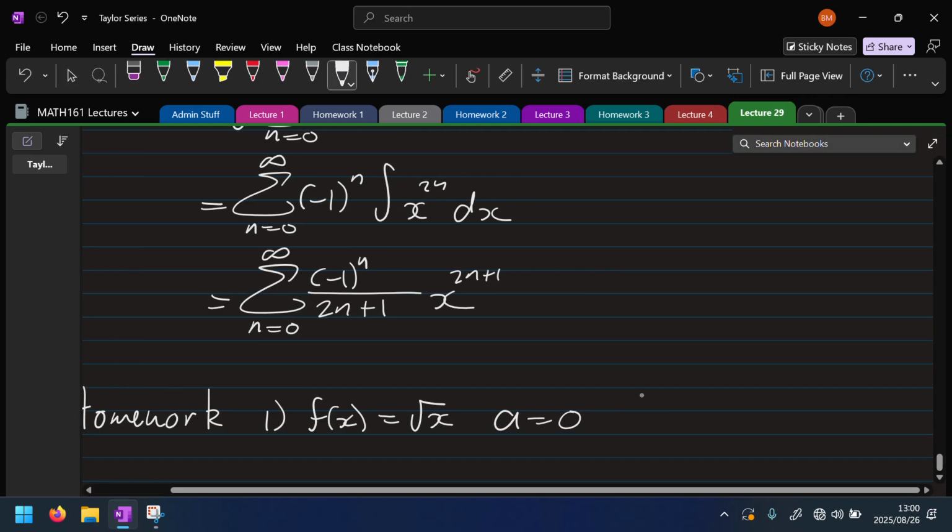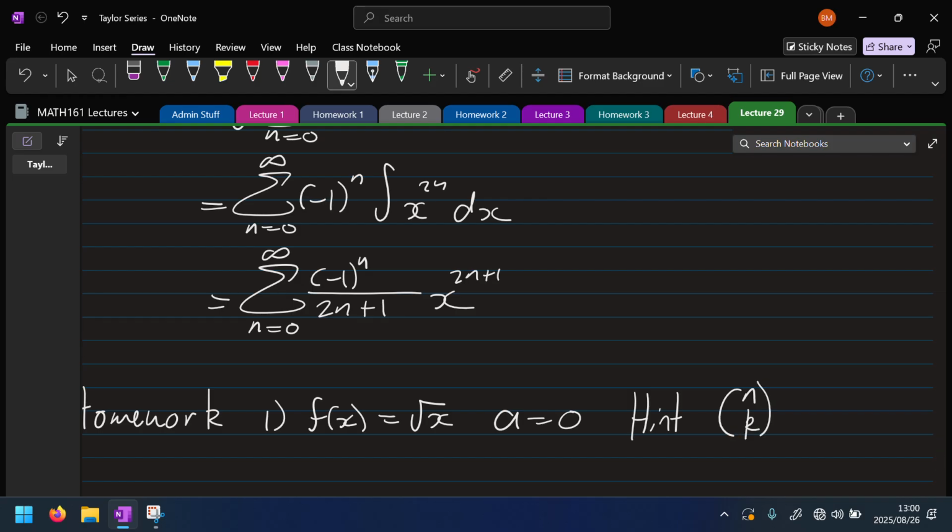And I'll give you a little hint for this one. Okay, n choose k, you know that's the choose function. This is equal to n factorial over k factorial times n minus k factorial. Okay. So when you do all of the derivatives, you'll end up with something like that.